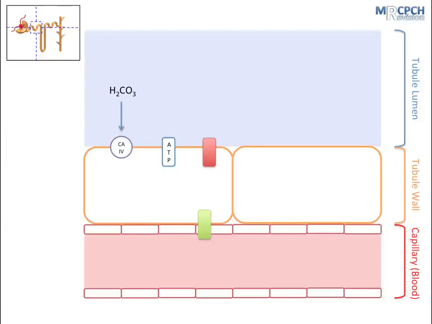When carbonic acid comes into contact with this, it's split up into water and carbon dioxide. That then joins up with carbonic anhydrase 2 inside the cell and dissociates back into protons and bicarbonate.